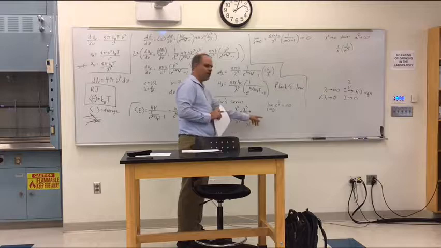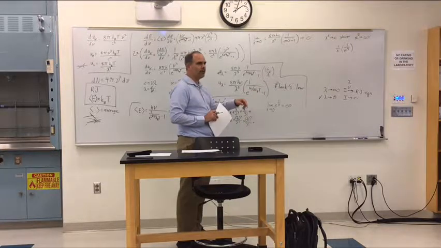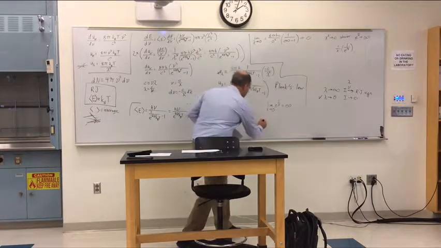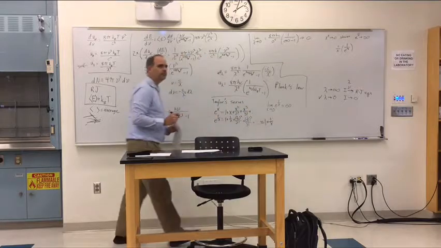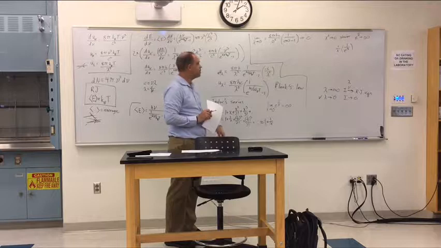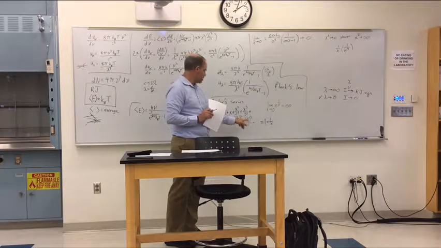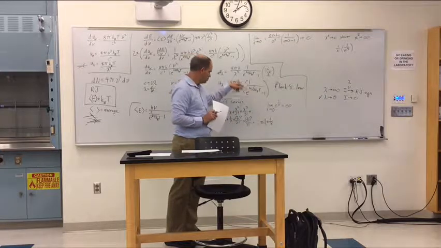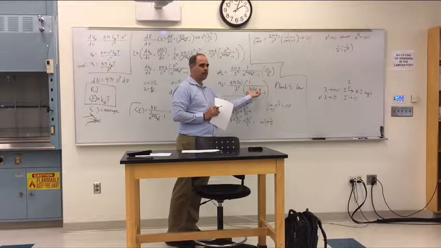These other terms start going to 0 a lot faster because it's 1 over x, even closer to 0, going to a power, and then it's getting divided by a factorial. So essentially, we can say this is approximately equal to 1 plus 1 over x. These other terms go to 0 a lot faster than the 1 over x does. Okay? So we can approximate this with 1 plus the exponent.